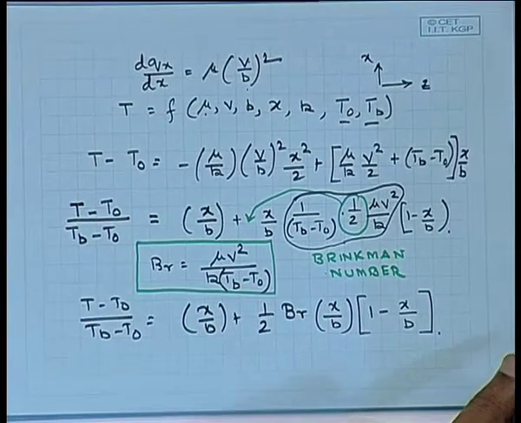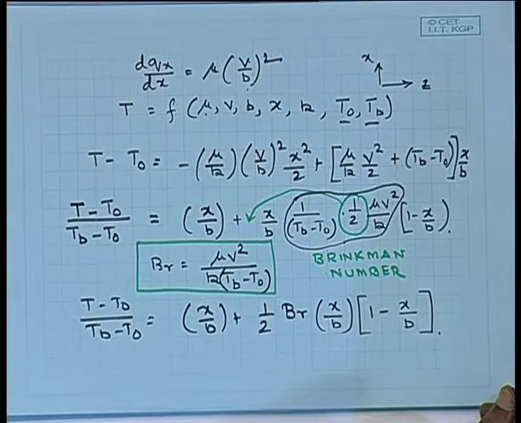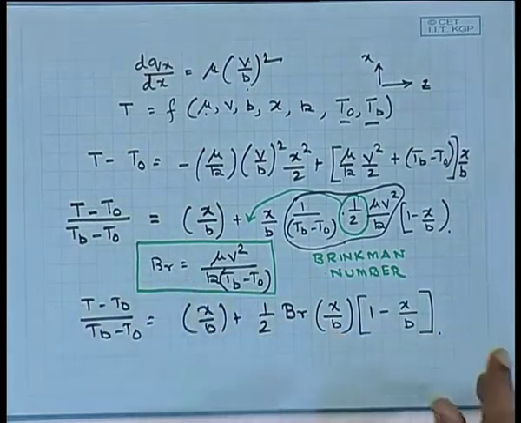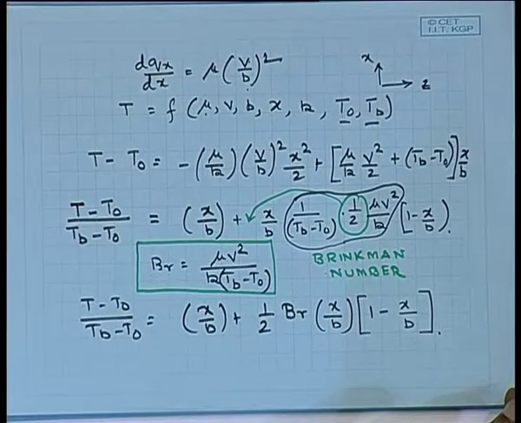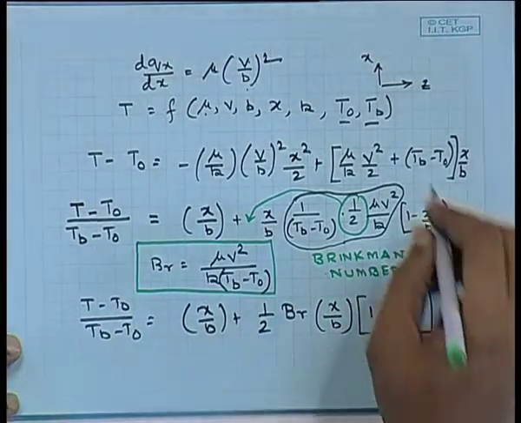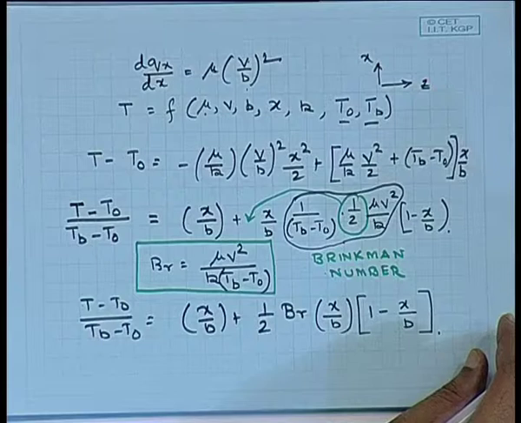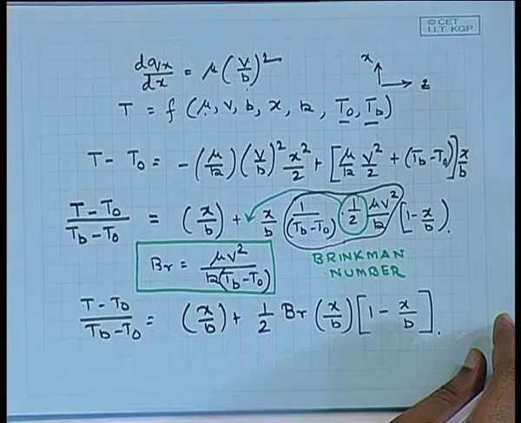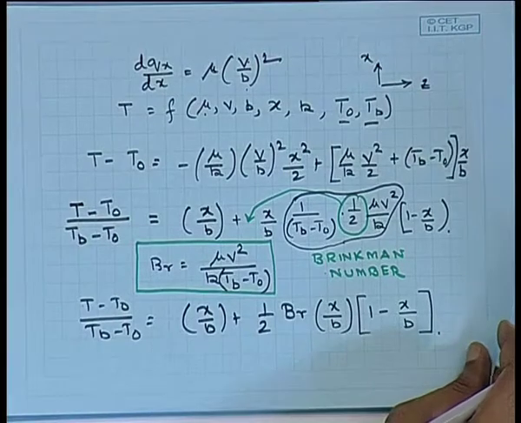If you look at it more carefully, what does this term mu v square, or k Tb minus T0, signify? Generally, dimensionless groups are ratios of two different things. So, if you think of the Reynolds number, what is its significance? Let's start with a very basic thing.